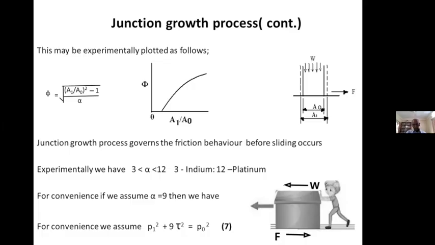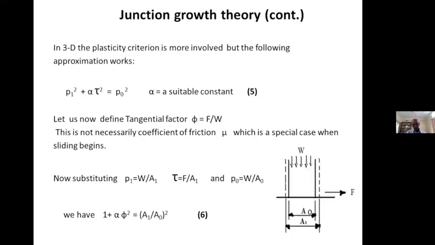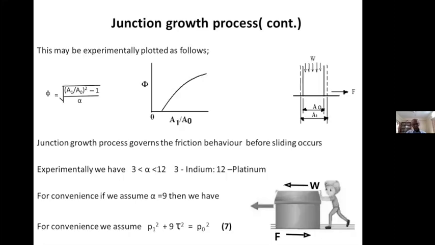In the last slide, we have written P1 square plus alpha tau square equal to P0 square. That is equation 6. Now here we replace alpha by 9 because that is a sort of midway between the two extreme values of alpha.